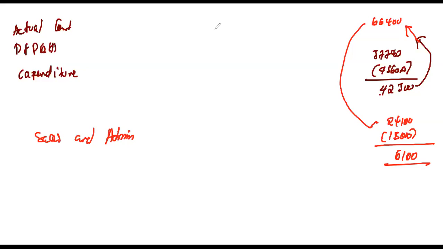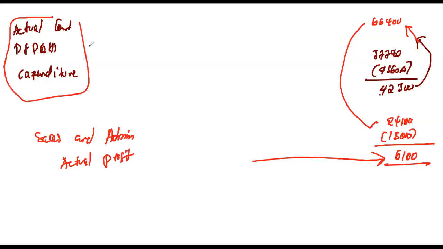The reason we have this identical figure is because there were no changes in inventory levels. Sometimes we have opening inventory, sometimes closing inventory. So you must understand that it is not always the same. Sometimes the figures are different. Most students get confused on this figure here, but don't forget this part.